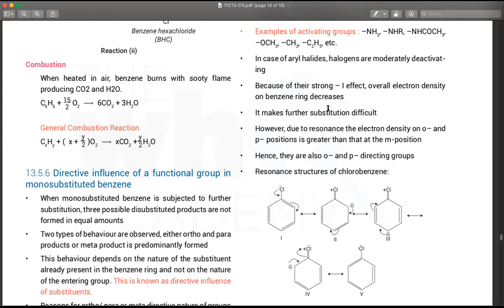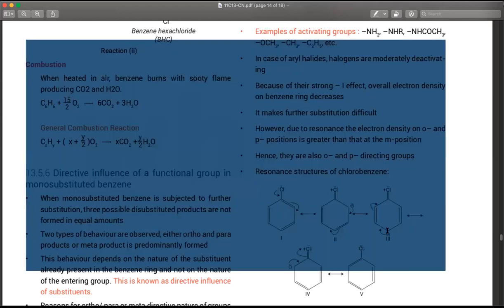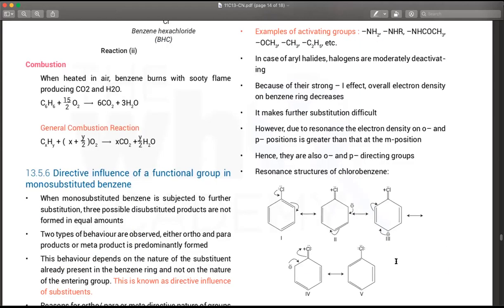So it makes further substitution difficult, but whenever it is possible, halogens are found to be ortho para directing. So halogens are also ortho para directing.